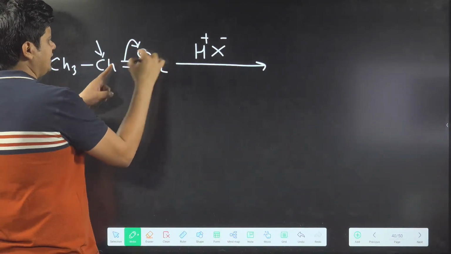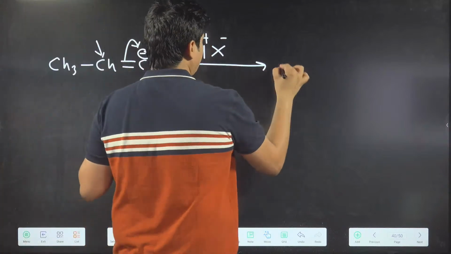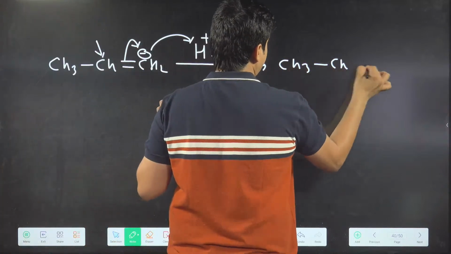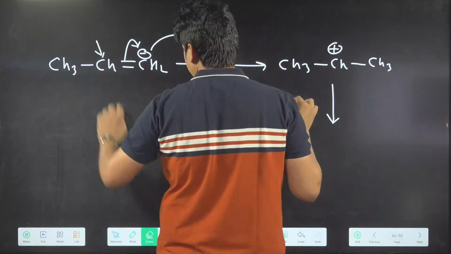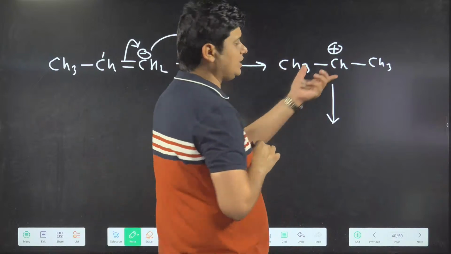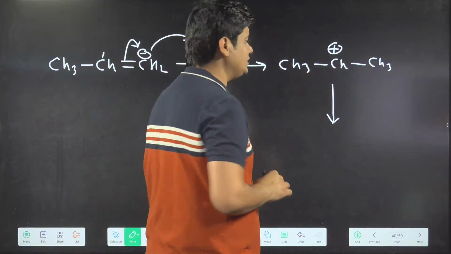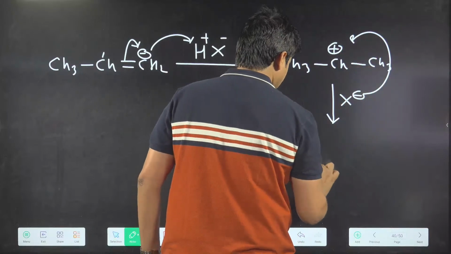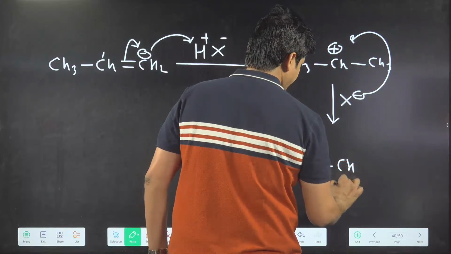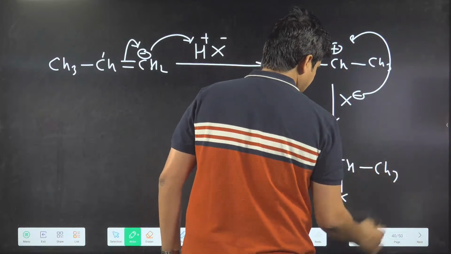Break the bond like this, minus binds with plus. This is going to give CH3 CH plus CH3. Next, this cation is already stable in this case. We cannot rearrange this. What will happen? X minus is going to bind there. This product will form: CH3 CH X CH3.